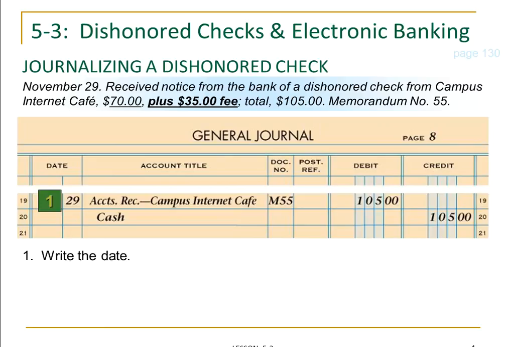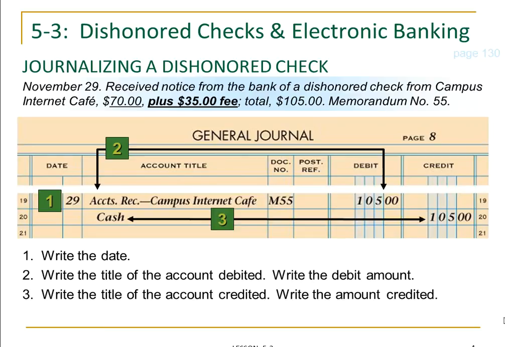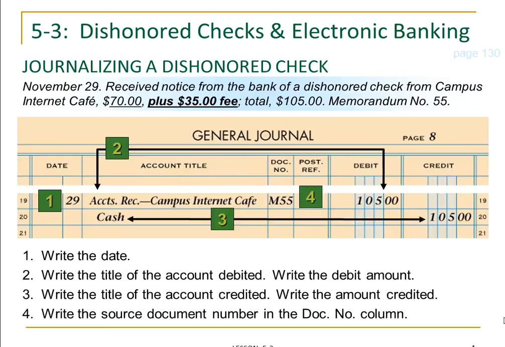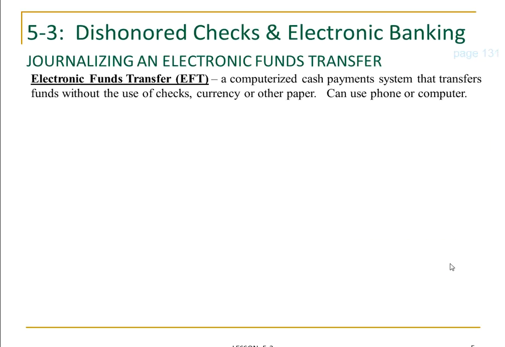That is the whole process of journalizing a dishonored check. The only piece left would be to post those two amounts to the general ledger balances for accounts receivable and for cash, showing that our cash balance went down by $105, and now Campus Internet Cafe owes us $105.